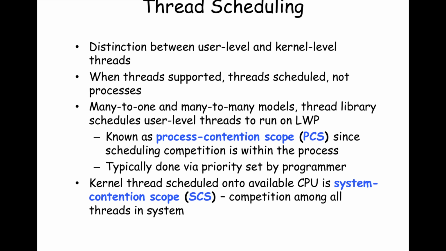So we talked about these thread models as being the relationship between the number of user level threads and the number of kernel level threads. It can be many to one, right? So that means one kernel thread is responsible for giving CPU execution to multiple user level threads, or we could have many to many, which is done through a construct we call lightweight processes.